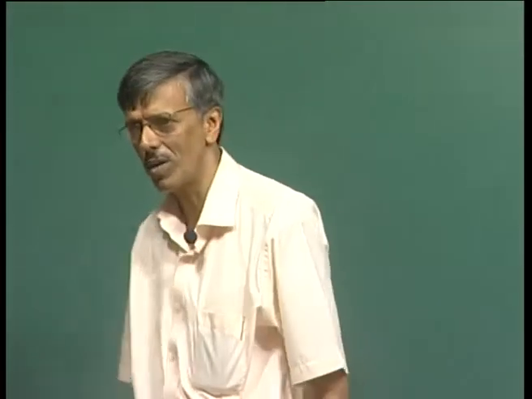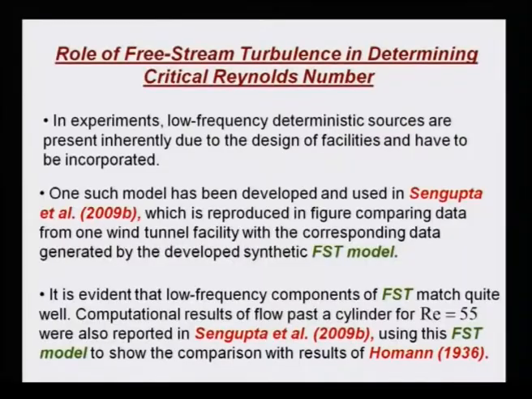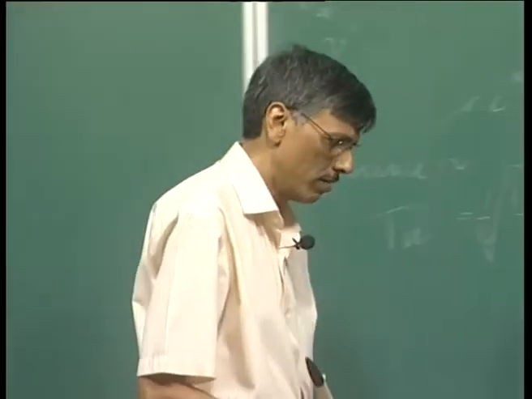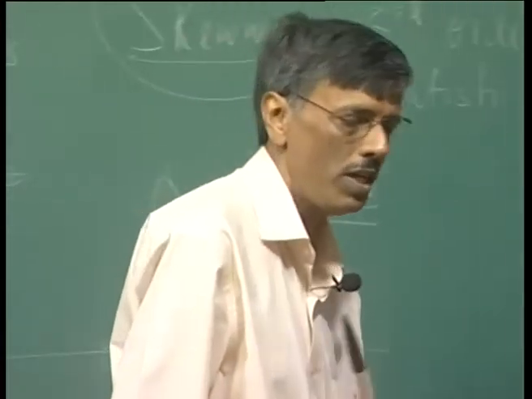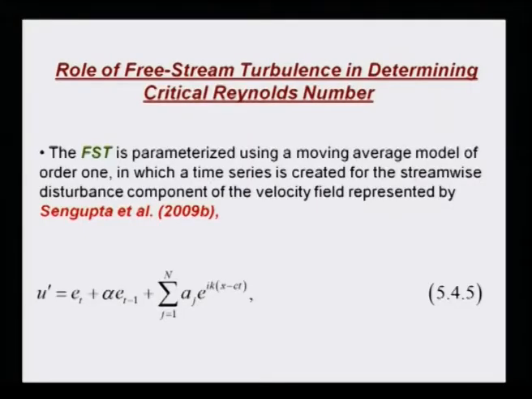So, what happened is we did some measurements in one of our smaller tunnels, and then we developed a free stream turbulence model. And what did we do? We wrote down one of the disturbance components given like this.